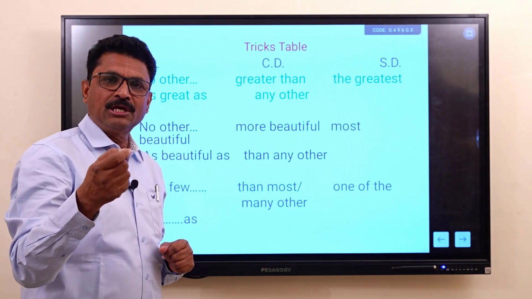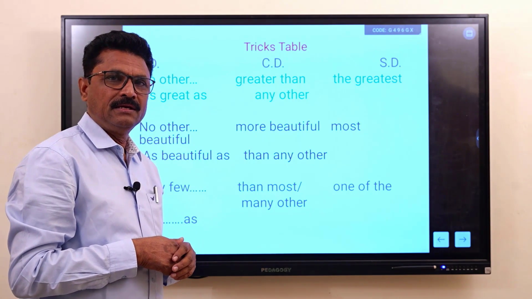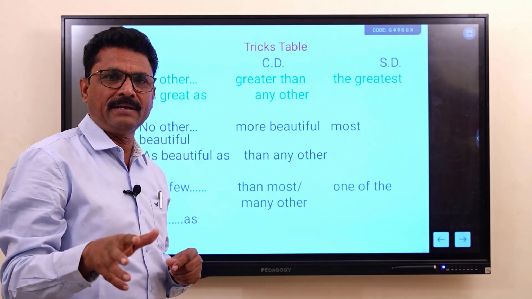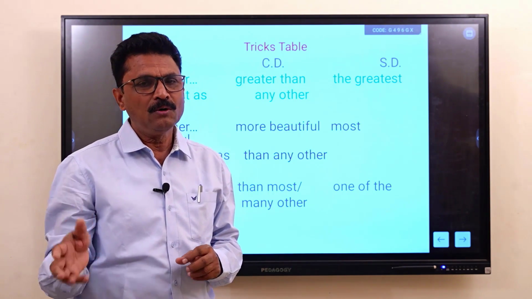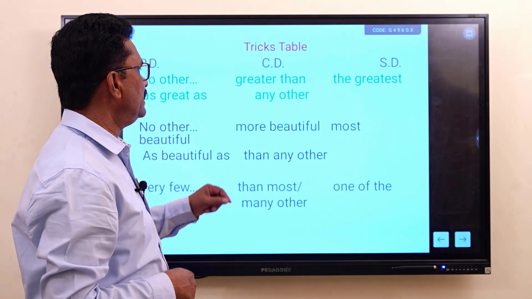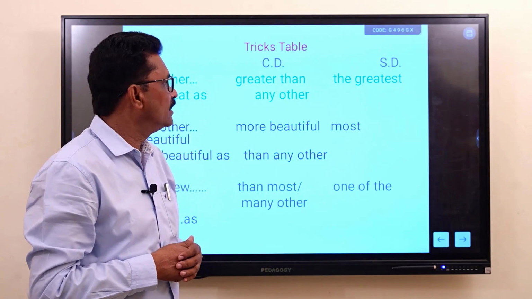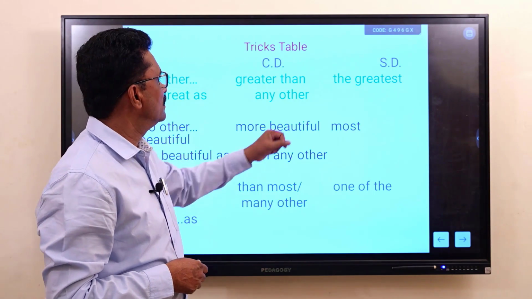So when we think about a superlative degree, we are asked to convert superlative degree into comparative degree and into positive degree. If there is an st or est participle for the adjective, for example, here is given the greatest.